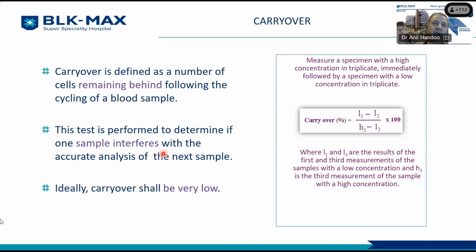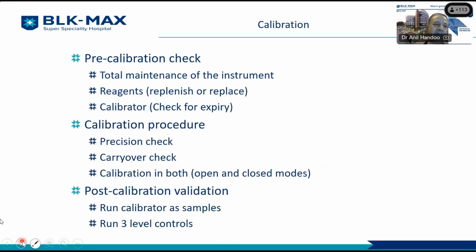And this activity is also done as a part of the primary installation or the performance qualification during the installation process of an analyzer. And subsequently, whenever the analyzer is undergoing preventive maintenance, you're expected to do this again and again. So during calibration, you'll do pre-calibration checks. You look at the instrument, look at the reagents, make sure that the calibrator is not expired.